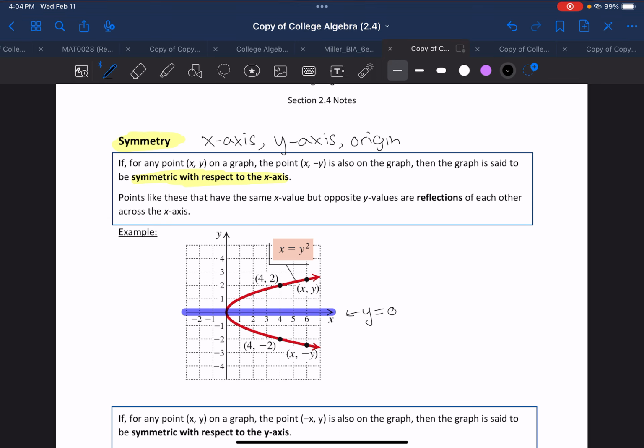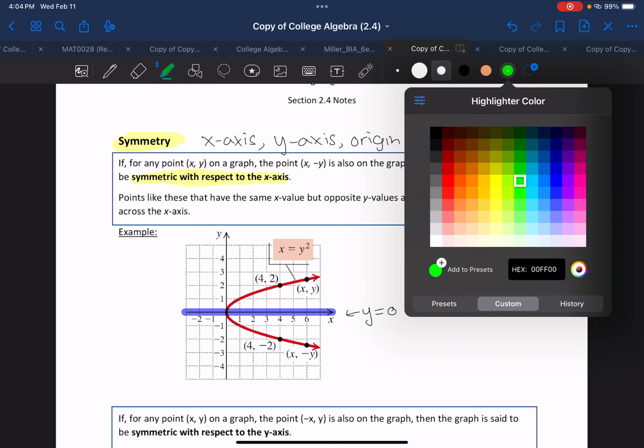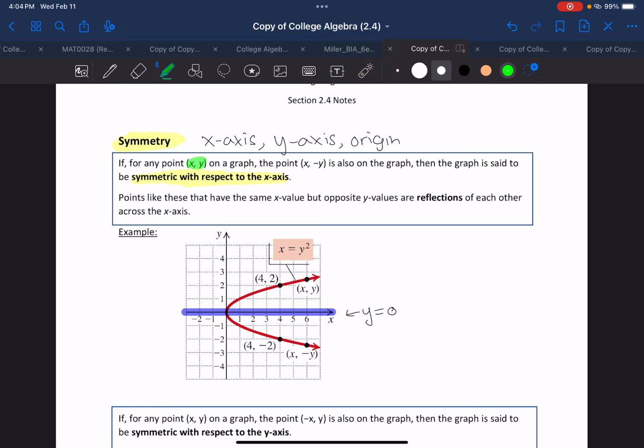So visually this is pretty easy to see, but I do want to talk about the property of the points on such a graph. If any point (x, y) is on this graph, for example, I have that point (x, y) there, then the graph will also have the point (x, -y), which is down here. So the x values of these two points are exactly the same because they line up vertically, but the y values are opposites of each other.